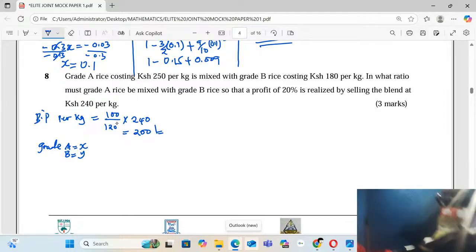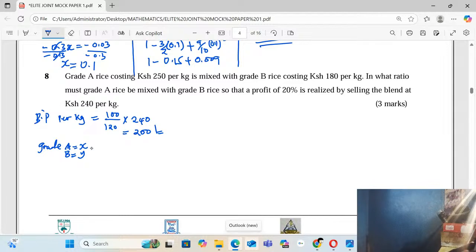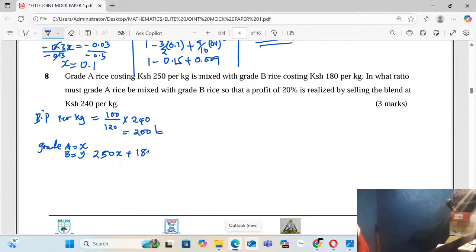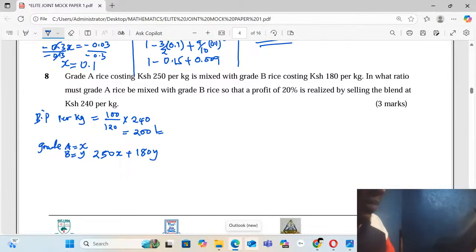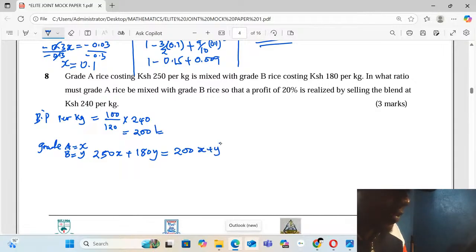Y. Grade A X and grade B Y. So we are going to take 250 of A, which is X, when you add to 180 of Y, which is now grade B, it is going to give you 200 shillings, which is a mixture of X and Y.